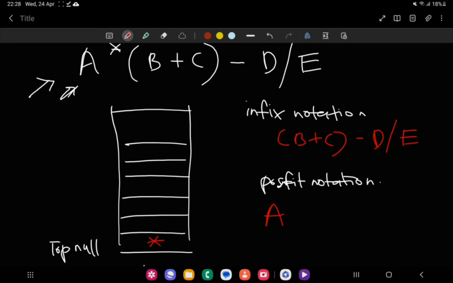So the next stage, we have this open parenthesis, right? So open is we need to put it, but when another operator comes on the top of this, then its precedence is lower. So we put it on top of the multiply operator.